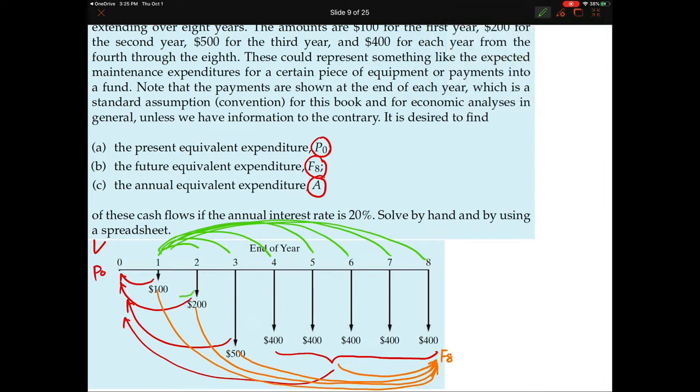Okay. And you want to distribute the 200 to every year. Okay. And the same thing, you want to distribute the 500 to every year.